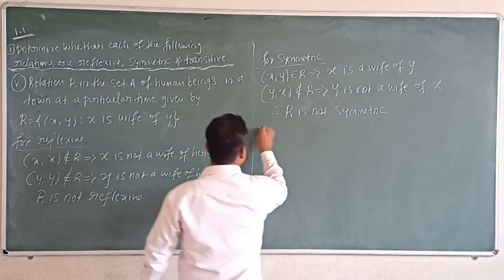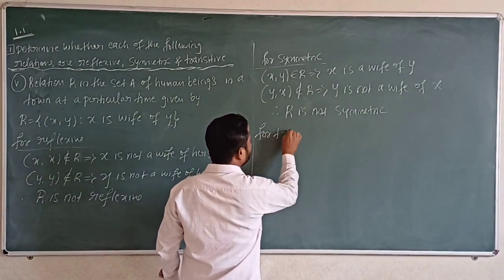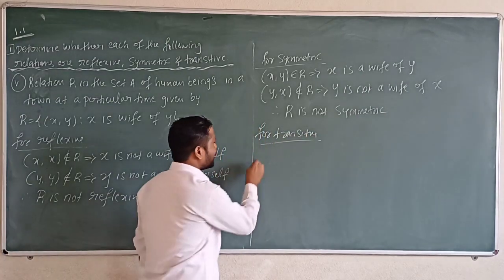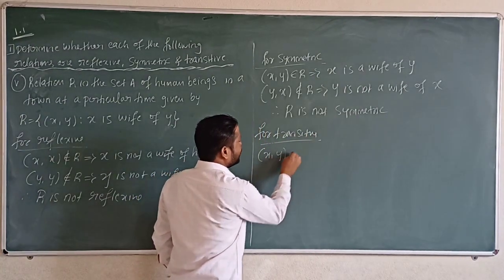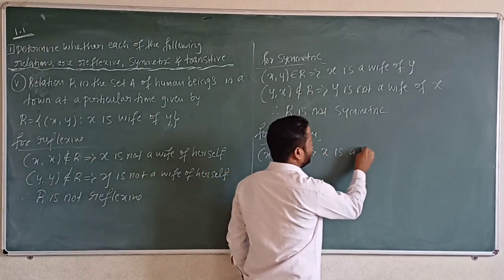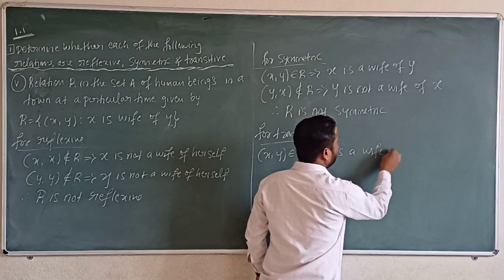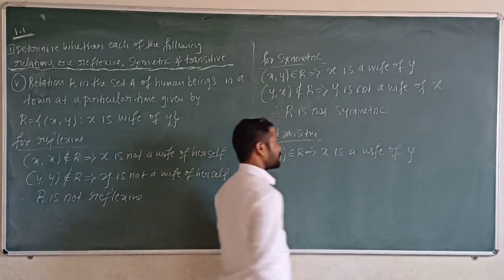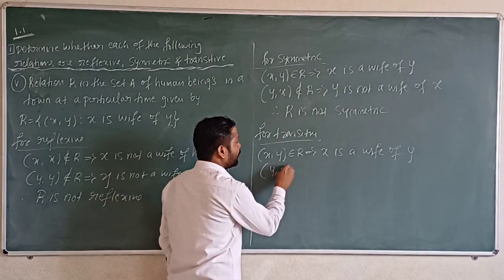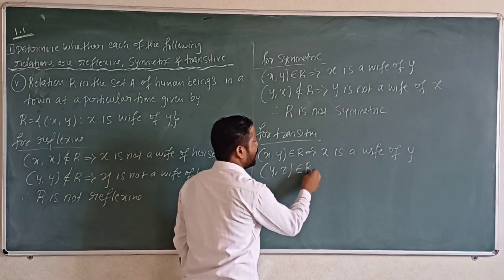Right? Go for transitive here. For transitive, meaning (a, b), (b, c) implies (a, c). Take this up: (x, y) belongs to R. Apply the relation. x is a wife of y. Correct. Next, (y, z) belongs to R now.